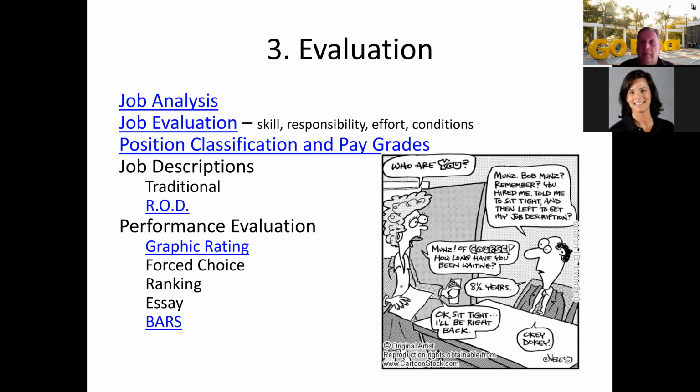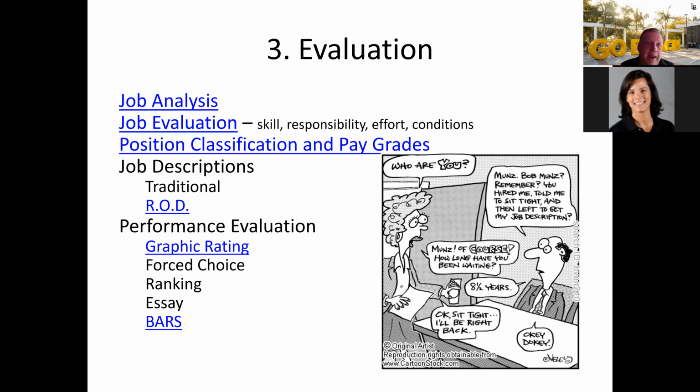So if our employees can participate in the development of the results-oriented job description, if they can participate in the development of the forms that are used in evaluating their performance, the more they participate in the process, the more likely they are to accept the end results of that process. So even if the results end up with negative feedback, they are more likely to trust that negative feedback as being accurate because they were involved in the process of putting this evaluation together to begin with.